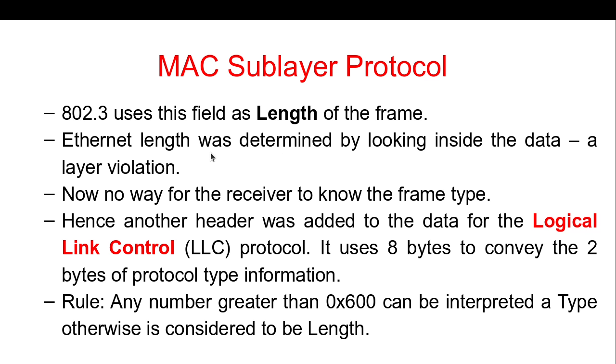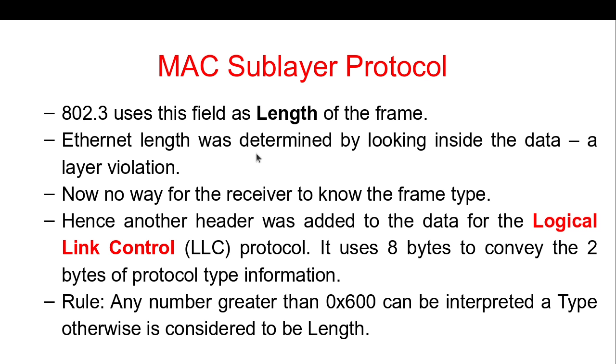The Ethernet length was determined by looking inside the data in the frame. That is what is called a layer violation, because as we know, a layer only sees its own headers and trailers, not the data part. Whereas here the length was taken by checking the payload. That was the layer violation.